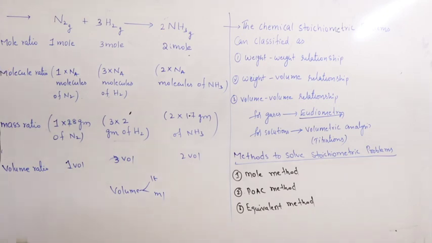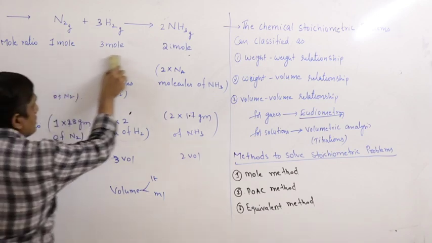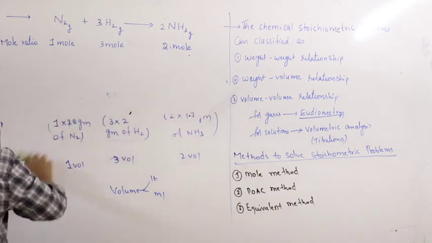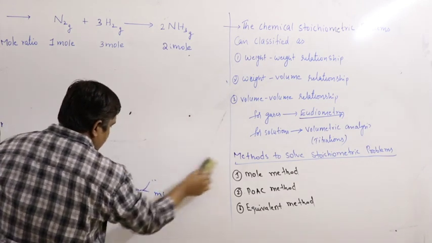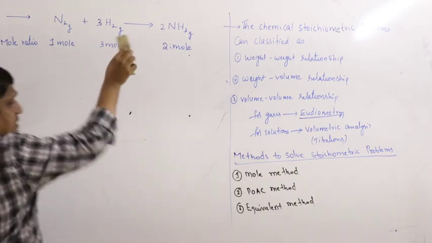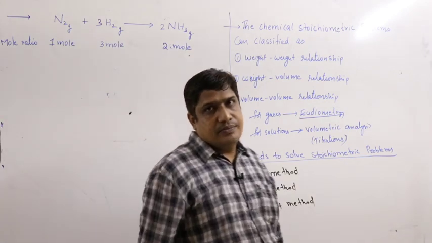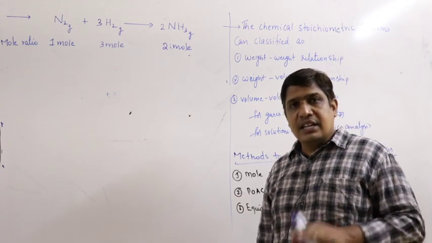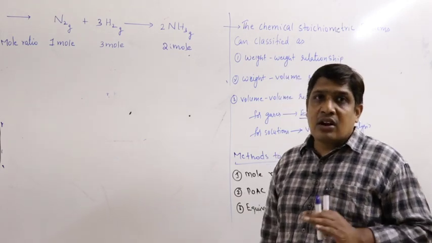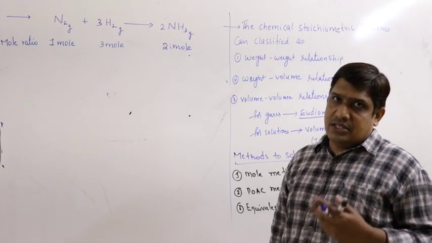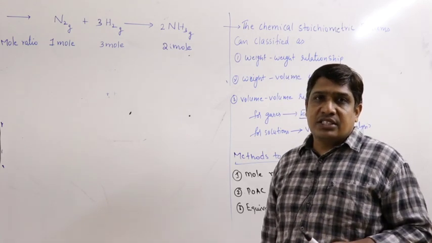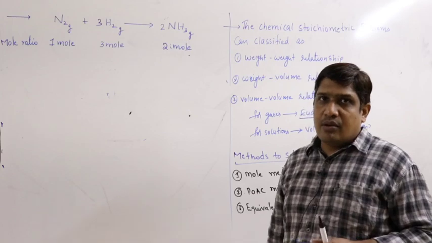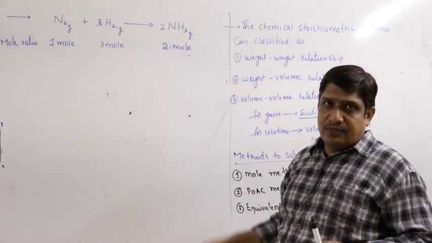So what does this mole method involve? In the mole method, we have to write the balanced chemical equation first. Write the chemical equation, check whether it is balanced or not. If it is not balanced, balance it. Balancing chemical reactions we will study as a separate topic, but for the time being you can balance like this.